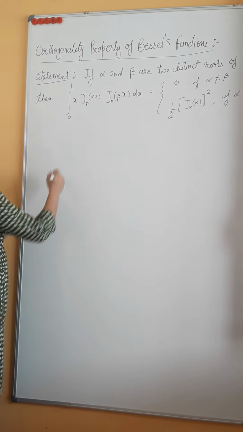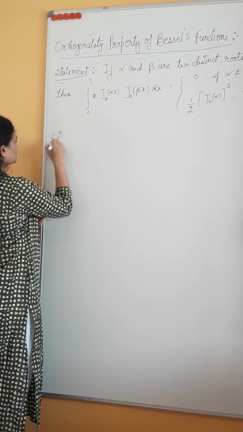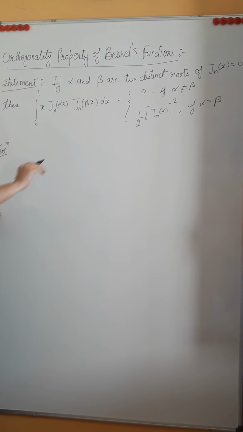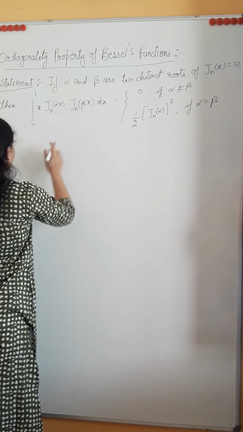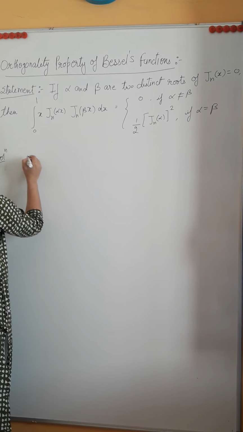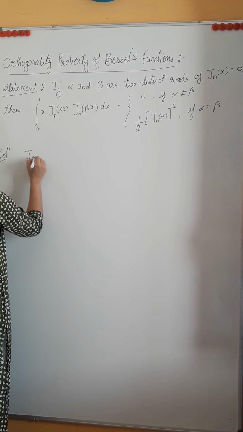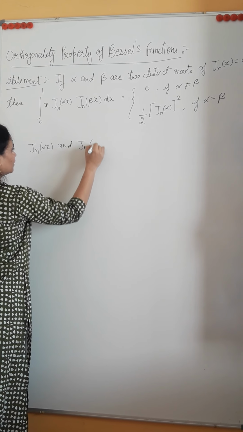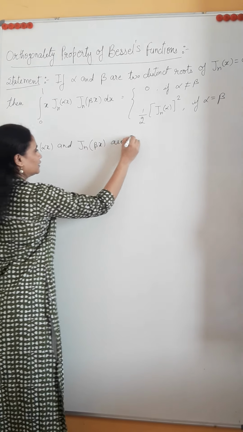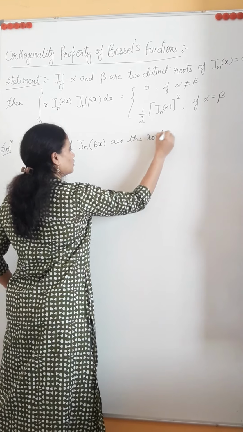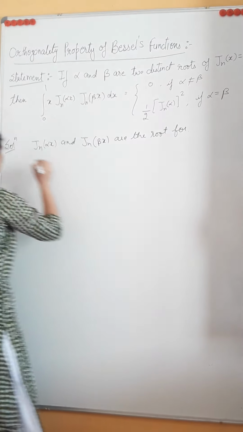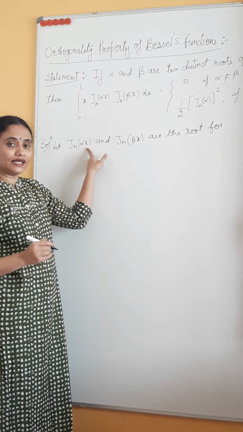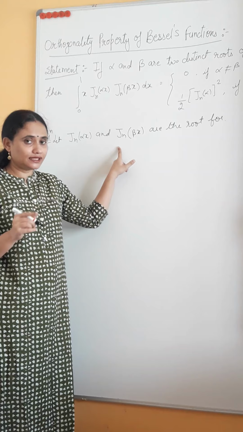Okay, let's start with this. Since it says that alpha and beta are the roots, let's assume that Jn(alpha x) and Jn(beta x) are the solutions for which equation? Just now we discussed that if Jn(lambda x) is there, then x becomes lambda x in that equation.